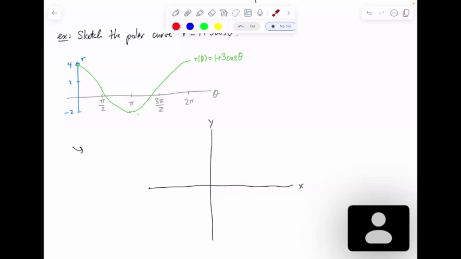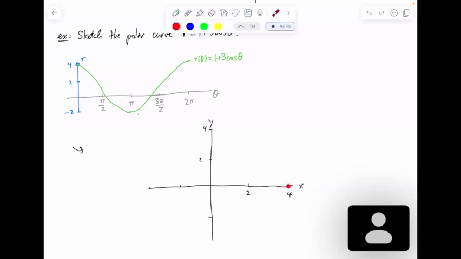Let me put in some tick marks here, so that's 2 and 4. So at angle 0, I have my radial arm pointing over here at 4.